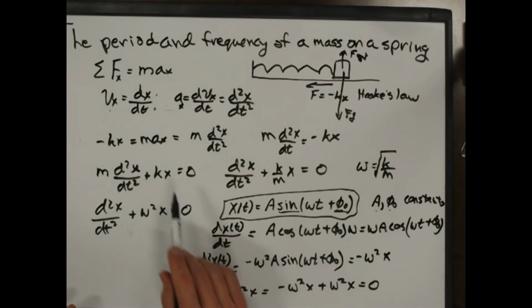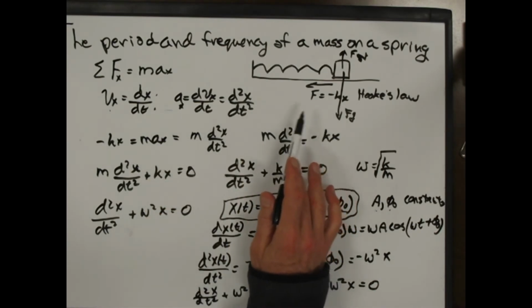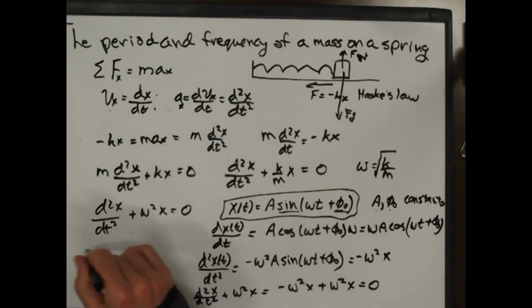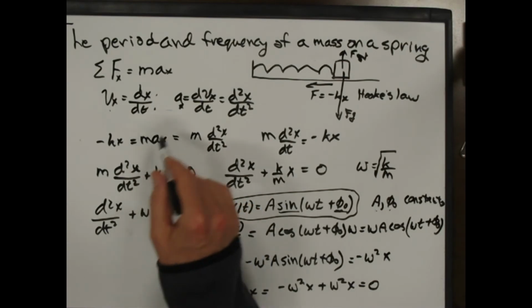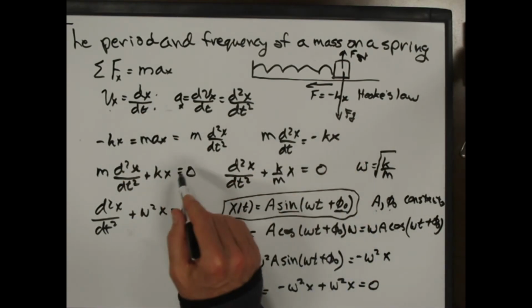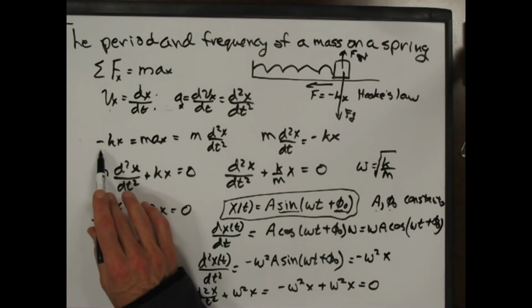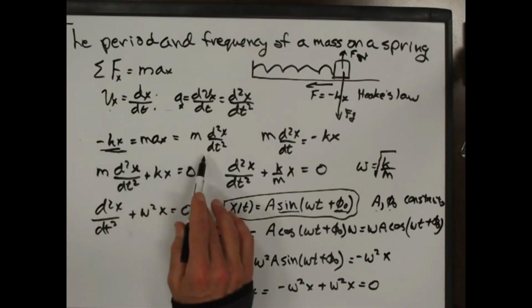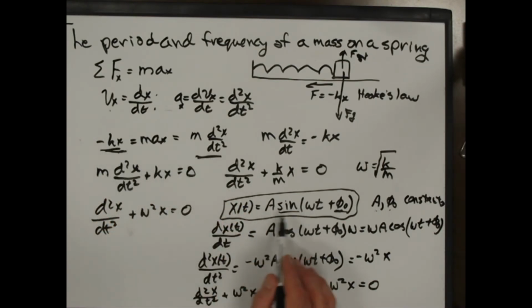And so that means that physical systems that obey this physics, this picture where the sum of the forces is minus kx, and that's equal to ma, have these solutions. It turns out there are many, many systems.